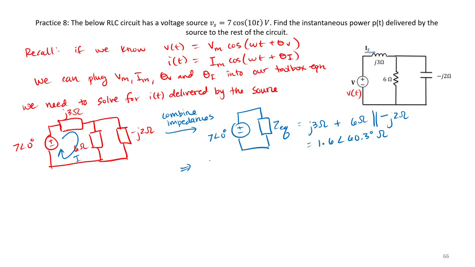And then using Ohm's law, we can determine I is just V over Z, so our current I will be 7 angle 0 degrees divided by 1.6 angle 60.3 degrees, and that will give us our current I is 4.38 angle negative 60.3 degrees amperes.